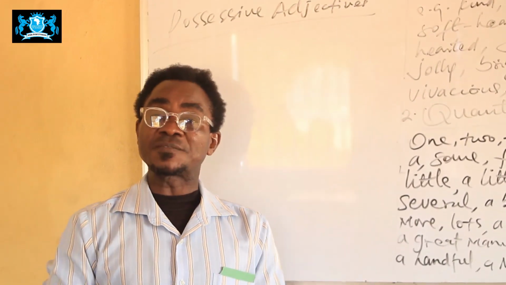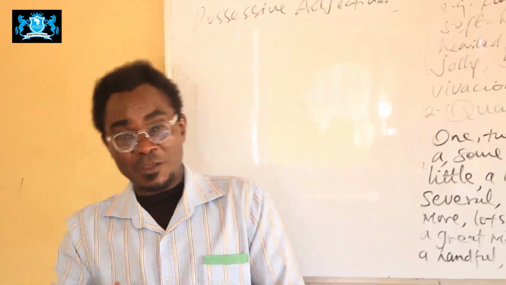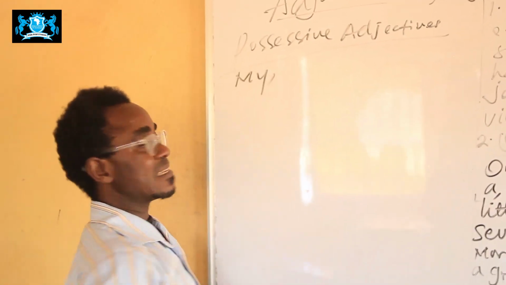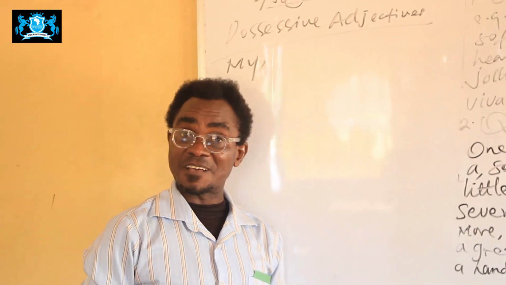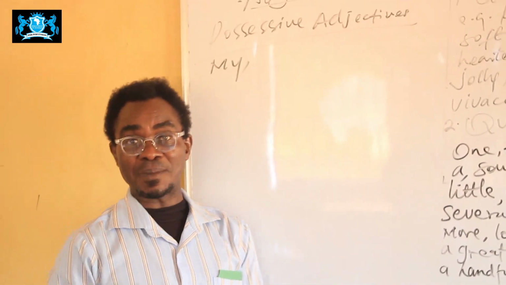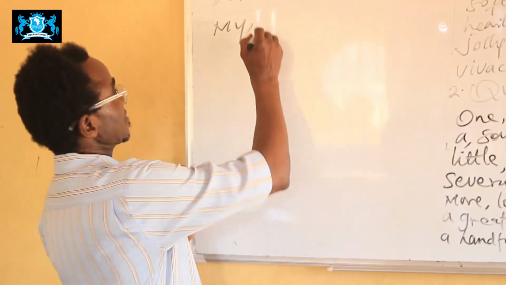So invariably, these adjectives qualify the noun that somebody owns. The most popular of these is my, which the first person uses every time. My camera, my bucket, my bag, my pair of shoes, my house, my village, and so on and so forth.